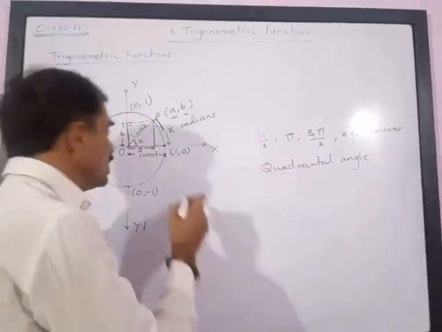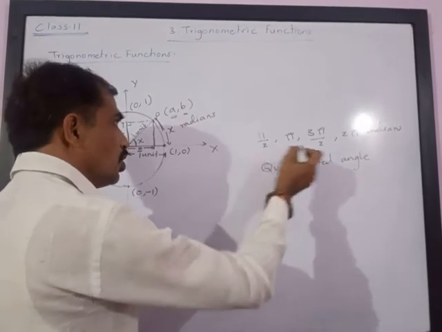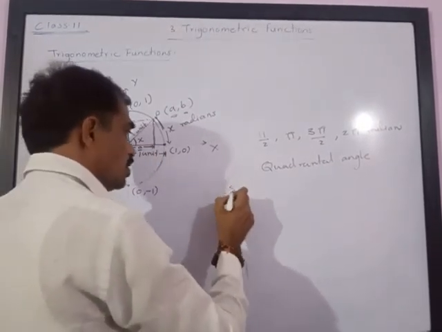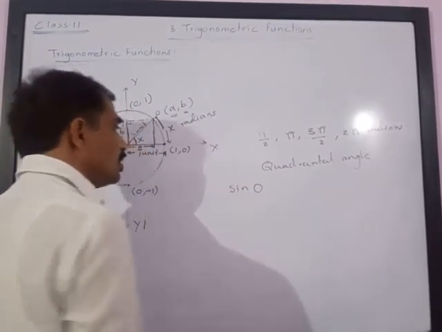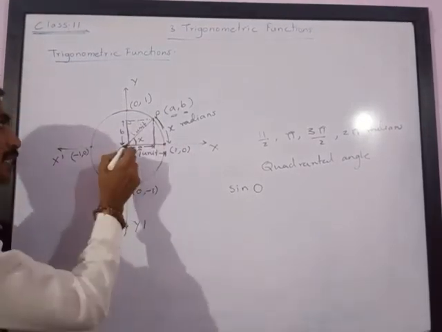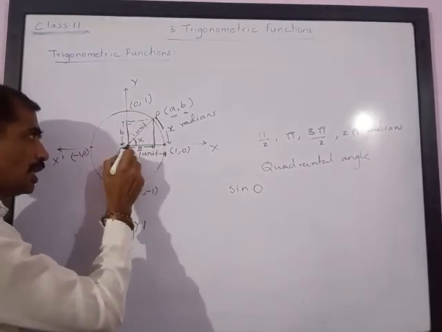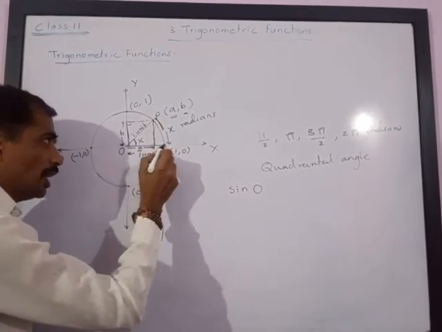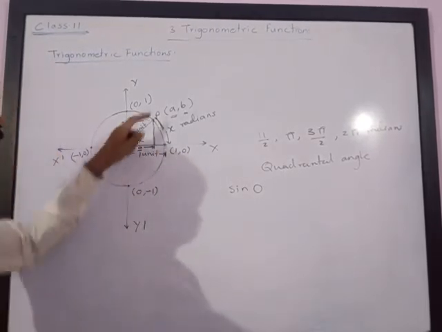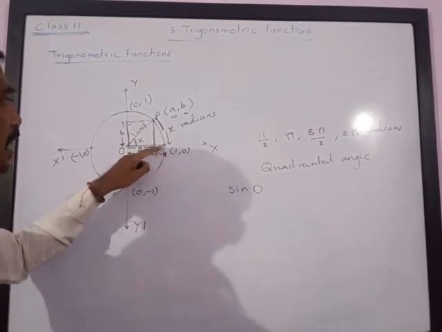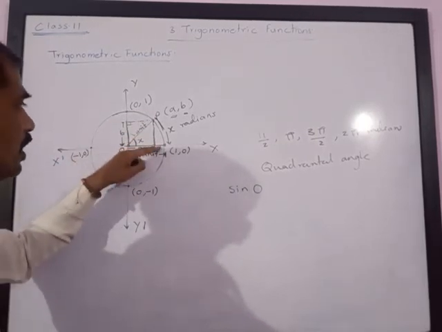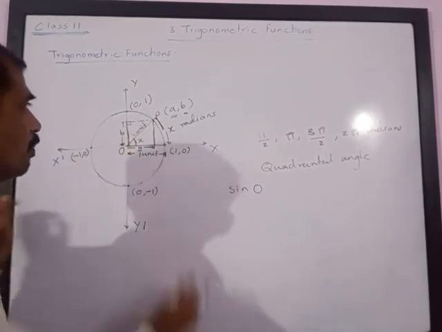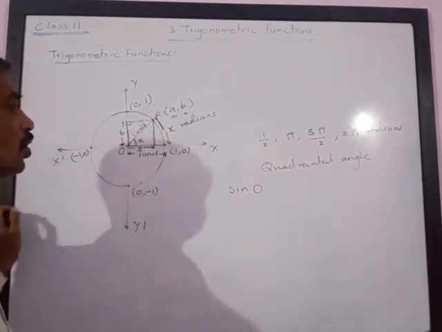Let us check what happens for the zero angle, sin 0. Now, please note, if the angle is 0, then the triangle will be, P point will be on x-axis only. So if P point is on x-axis, it means hypotenuse will be 1, this side will be 1, but the B will be equal to 0.